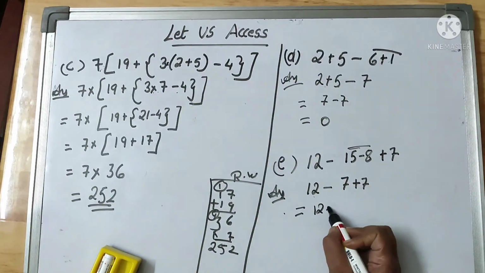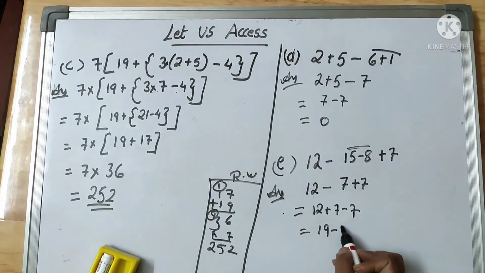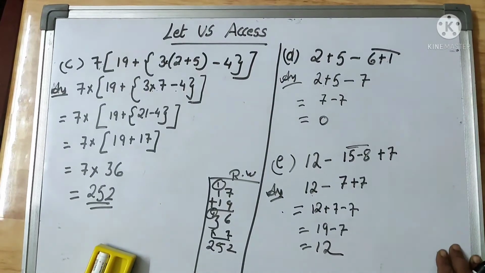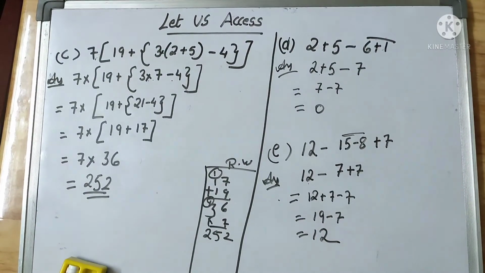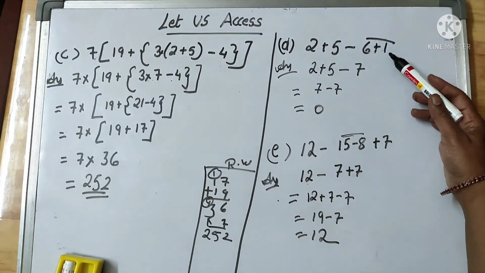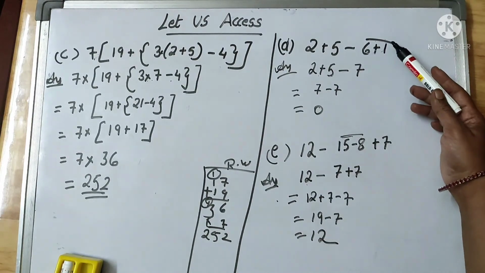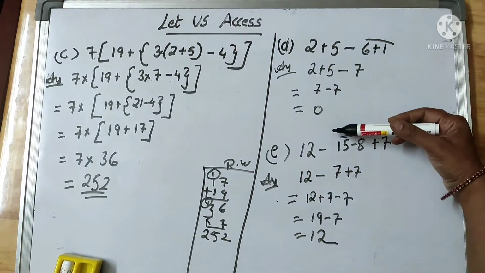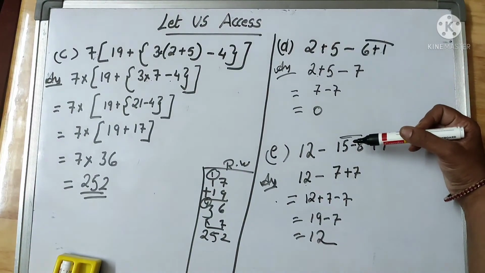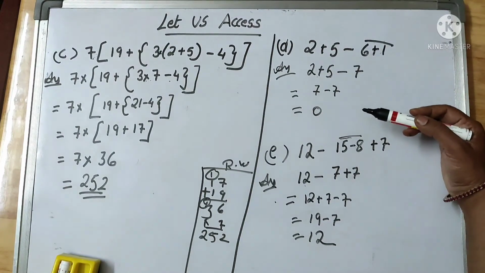So we arrange this 12 plus 7 minus 7, which is equal to 19 minus 7, which comes out to be 12. In this way we evaluate some of the questions of lattice axis where a bar is there. Then we have to give priority to that expression. That means first we evaluate जिस expression के ऊपर में bar है, first we evaluate that one and then we evaluate the rest of the things. Now you also practice some of the sums of lattice axis, and this completes our chapter, simplification of numerical expressions.